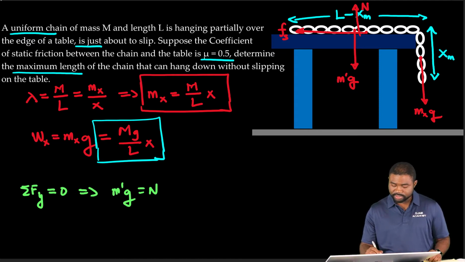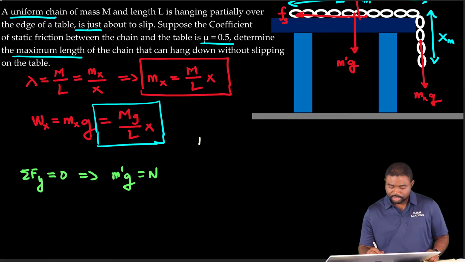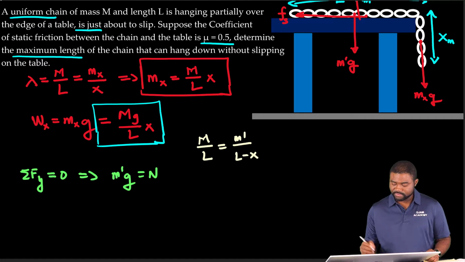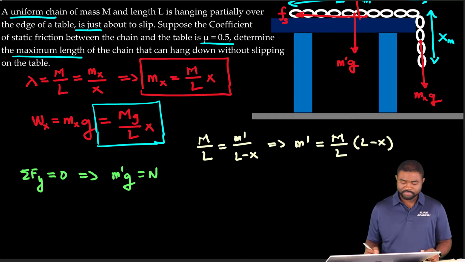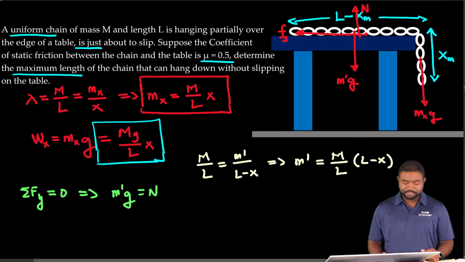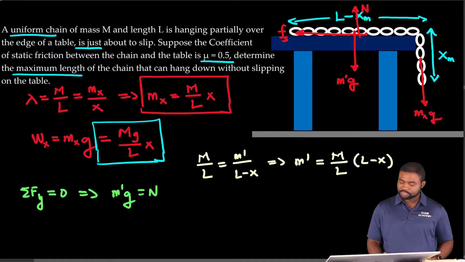Keep in mind that capital M over L is equal to M prime divided by L minus X, which means that M prime is equal to capital M over L bracket L minus X. It's important you keep that in mind. So this is the mass of the chain on the table.